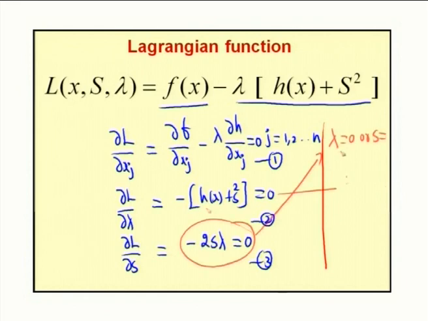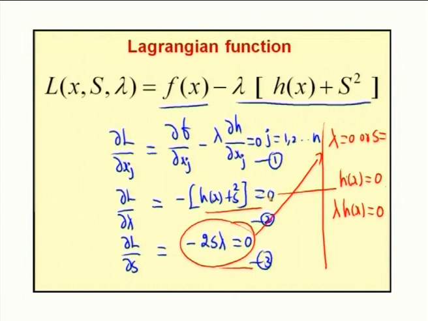Now, from equation 3, we have either lambda equal to 0 or s equal to 0. If we consider s equal to 0, then from equation 2, we have h of x equal to 0. Now, from equation 2 and 3, we have lambda into h of x equal to 0.